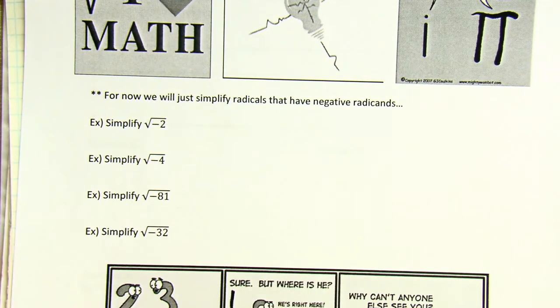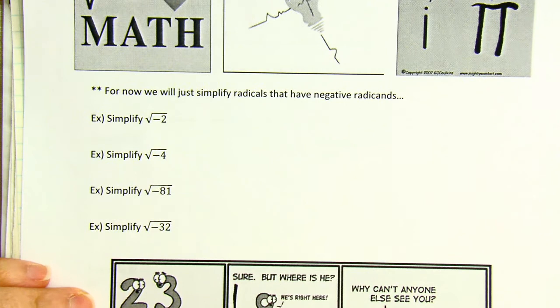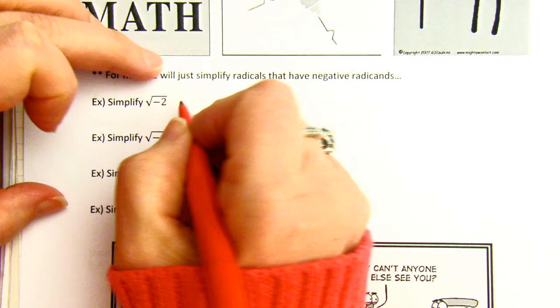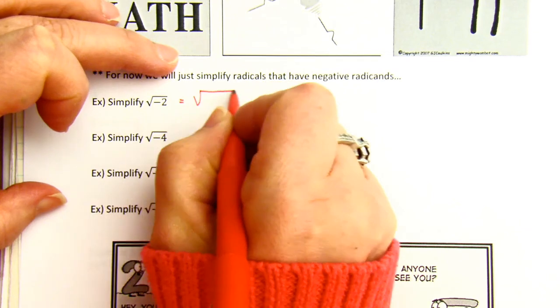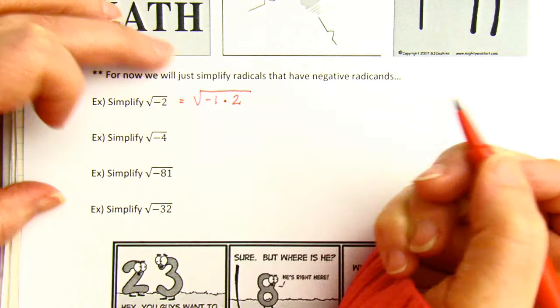For now, we will just simplify radicals that have negative radicands. So if I'm simplifying the square root of -2, we know this could be rewritten as the square root of -1 multiplied with a positive 2.